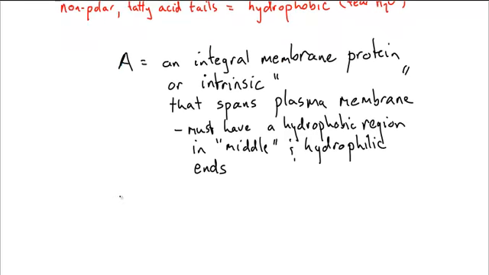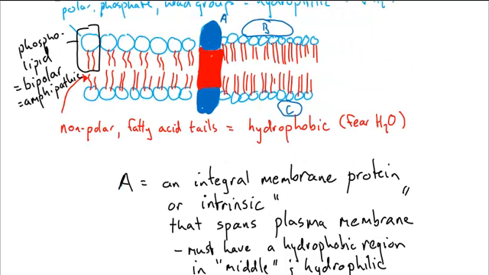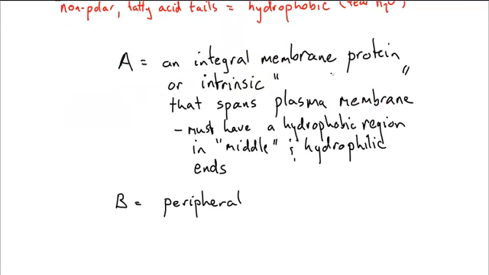B is what we call a peripheral. Think about what peripheral means. What's your peripheral vision? That's right, the ability to see to the sides. Well, B is called peripheral because it's on the inside or outside of the plasma membrane. They aren't right across.